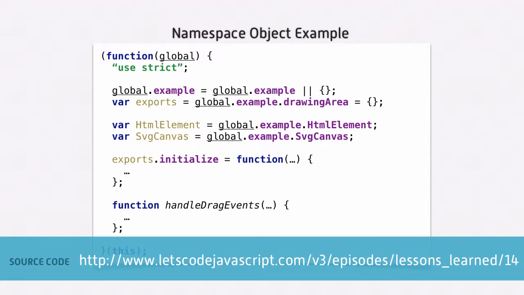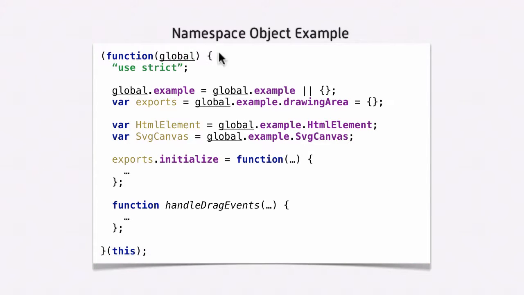The way this works is we have our IIFE, our immediately invoked function expression. It's taking our global. We're saying to use strict, that is optional. And then we're setting up our global namespace, which is called example, and setting up our exports and our namespace here. So we've created a drawing area module in our namespace.